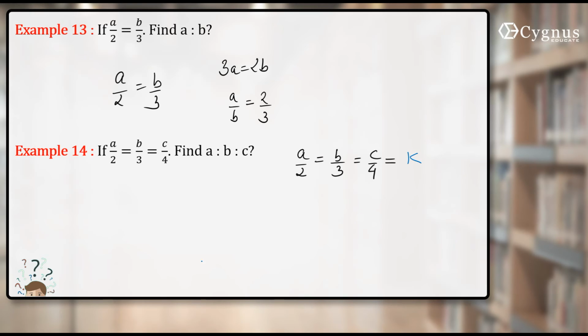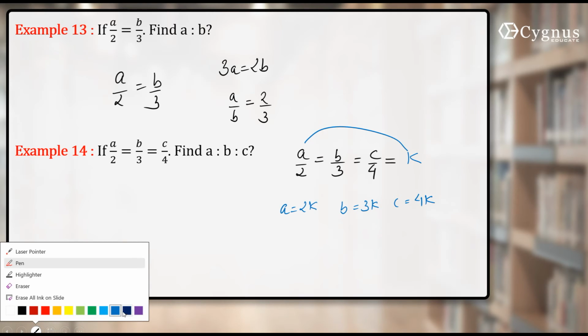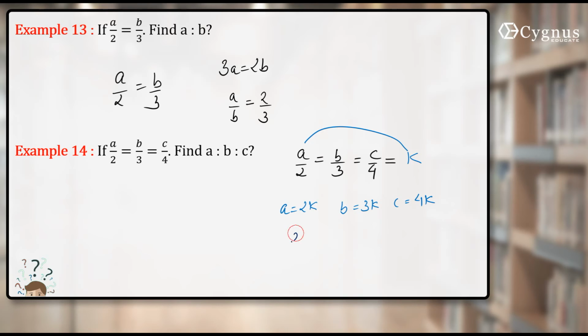So let's take it equal to K. Now, if A by 2 is equal to K, the value of A becomes 2K. The value of B becomes 3K. The value of C becomes 4K. So what's the required ratio now? I can say that the ratio of A is to B is to C would be 2K, 3K, and 4K.